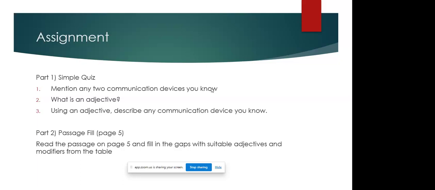So words like beautiful, kind, strong, black, expensive, cheap, all those words are called adjectives in the English language, and they are used to describe things. Those things are called nouns. Yes. So adjectives help us to modify, to get more details on the nouns we are talking about.